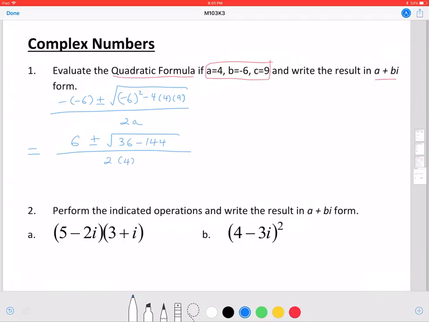And that should look like 6 plus or minus the square root of 36 minus 144 is negative 108, over 8. Of course that negative radicand will give me the square root of 108i over 8.